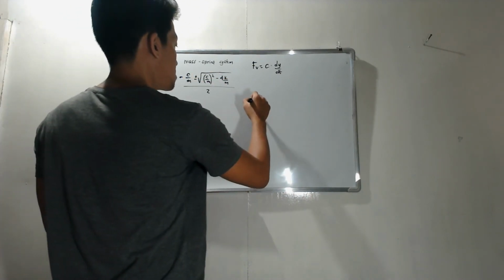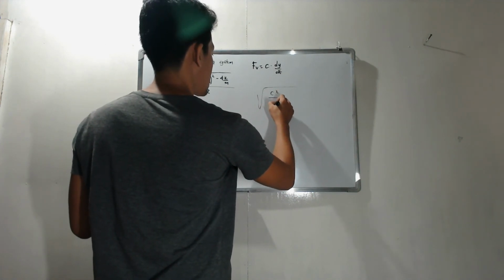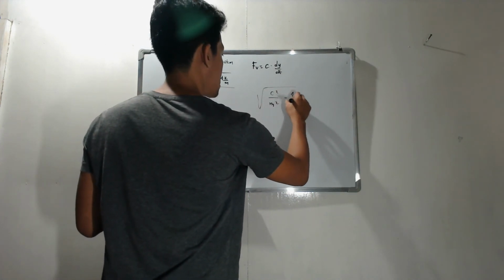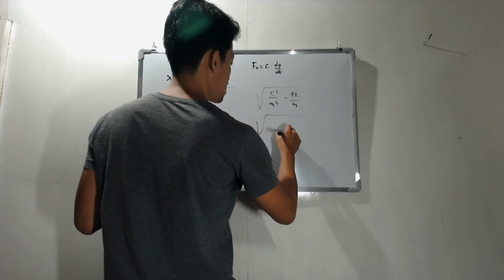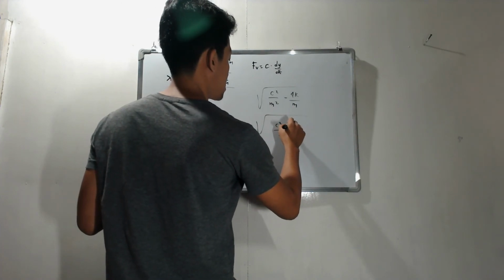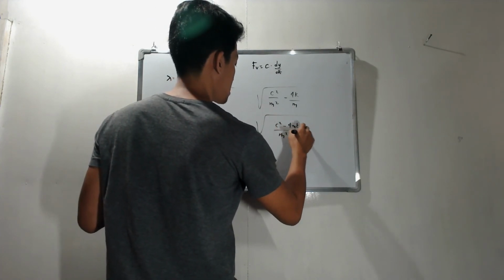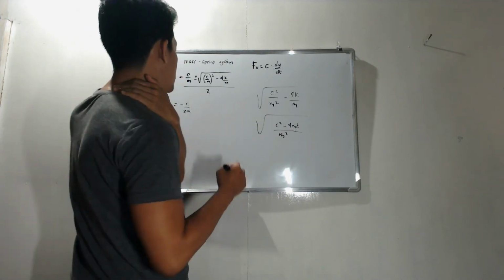You have square root of c squared over m squared, which becomes square root of c squared minus 4mk over m squared. Now we take out the m squared from the square root.